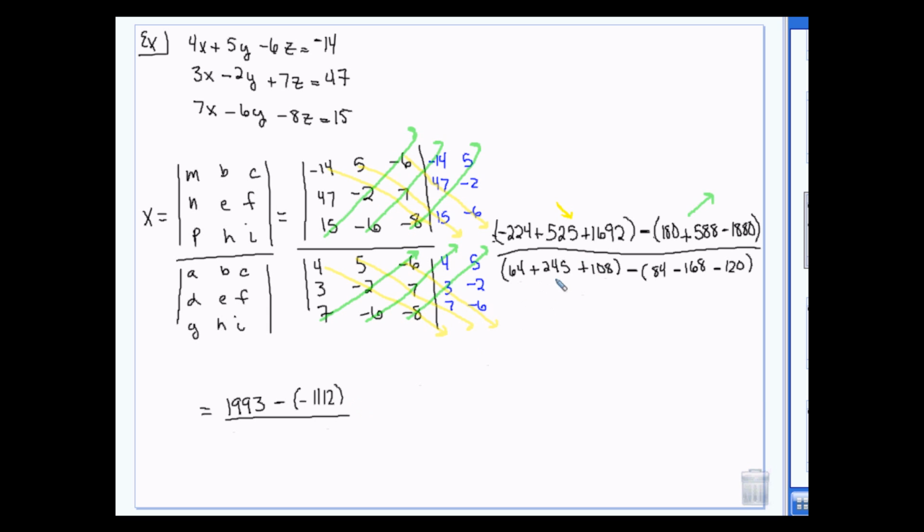And then all of this is 417 minus negative 204.